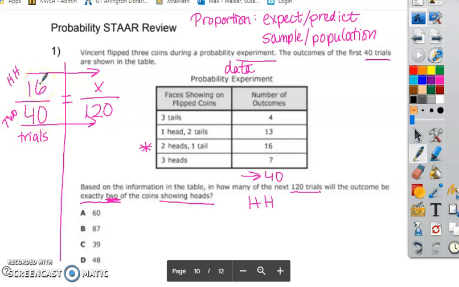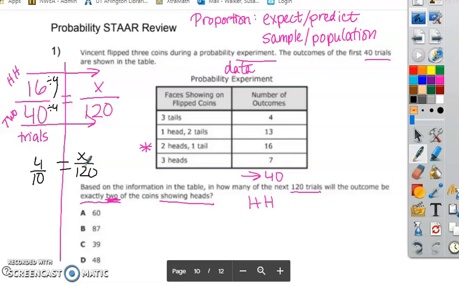I know I can divide the top and bottom by 8, correct? So if I wanted, I could simplify. For instance, if I divided this by 4 and this by 4, sorry for that weird marking, I would get 4 out of 10, correct? That makes it easier for me to cross multiply, right? Because it's going to be smaller numbers.